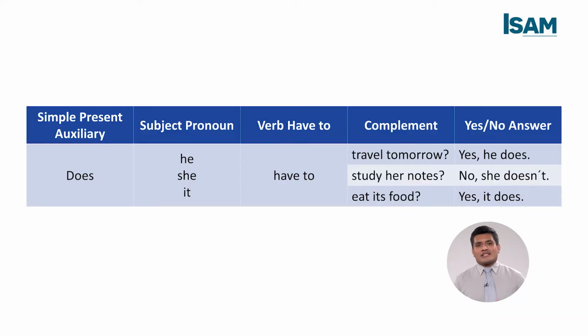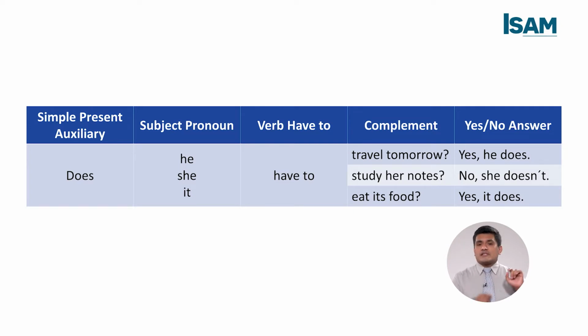But we are going to use this auxiliary depending on the subject pronouns that we are going to use. For example, if we use the subject pronouns he, she, or it, our auxiliary will be does. For example, does he, does she, or does it?